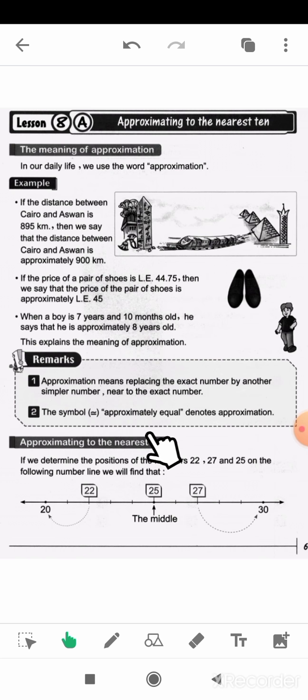Remark: approximating means replacing the exact number by another similar number near to the exact number.